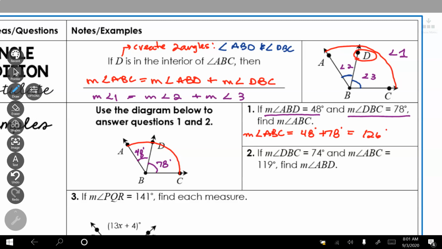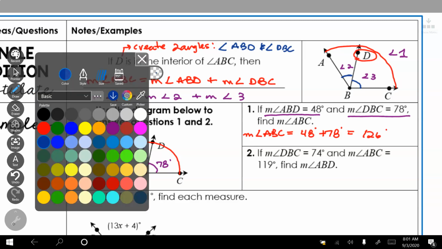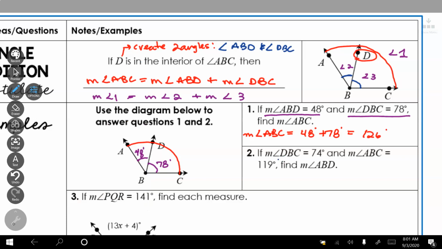Now, in the next picture, we have DBC, that bigger interior angle is 74, and the whole big angle ABC is equal to 119. So now we're trying to figure out, we know 119 is equal to the measure of angle ABD, because that's the one we don't know, plus 74 degrees.